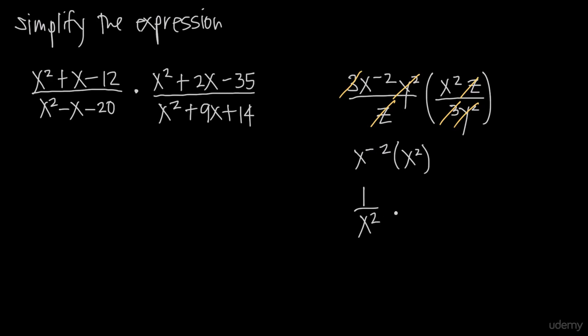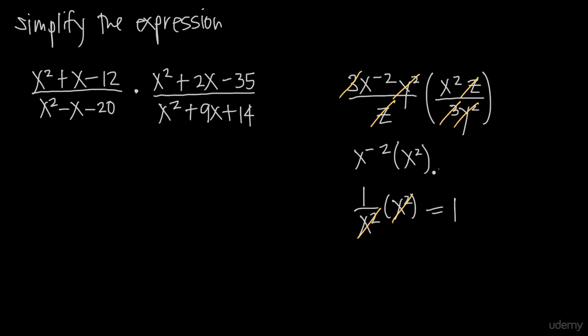So this is 1 over x squared times x squared, and now we have an x squared in the denominator and an x squared in the numerator, and our answer is just 1. So this whole rational expression simplified to 1. We didn't even really have to do any multiplication, we just canceled things to get to 1.